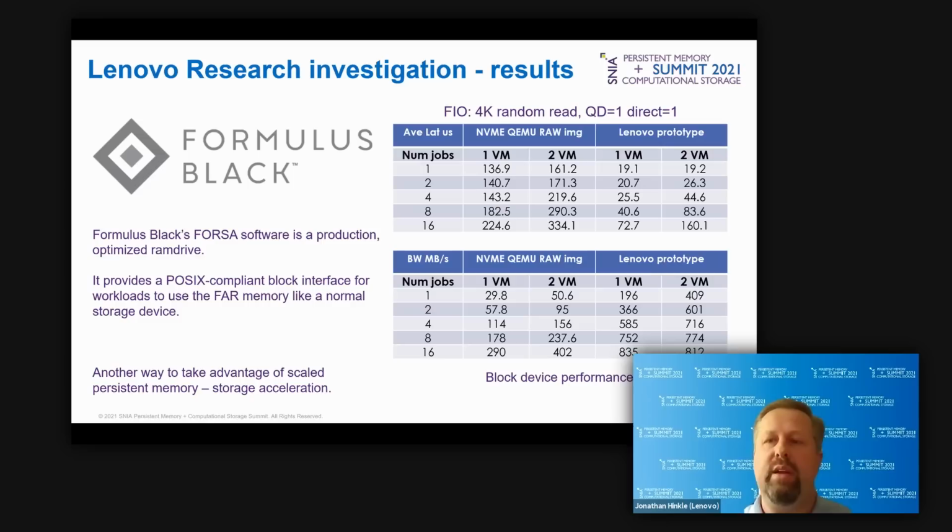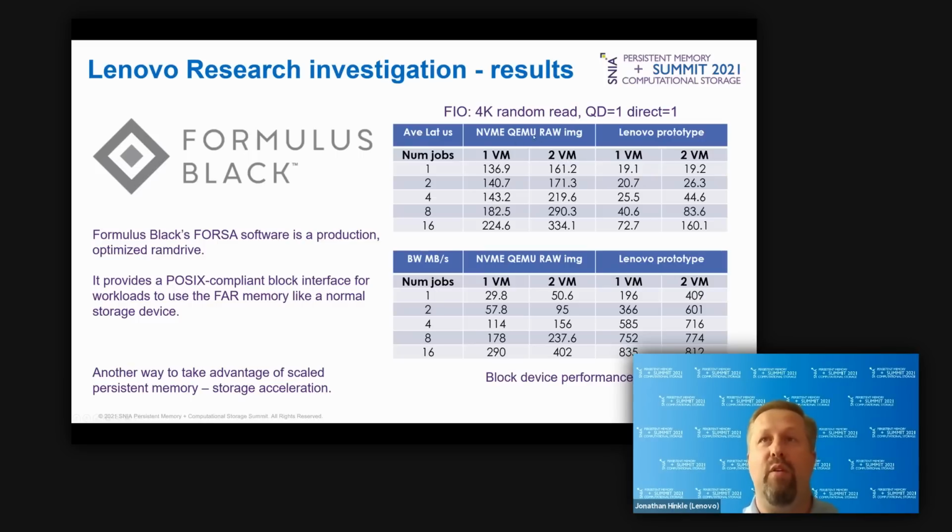What we compared here is, again, an NVMe drive versus this Lenovo prototype running in the far memory. When we compared that, we looked at latency and a certain number of jobs, so how many different jobs we're going to run at the same time, and also across VMs, how many virtual machines we were running.